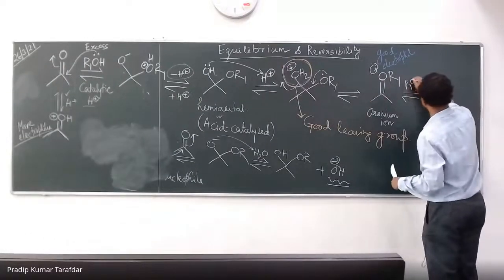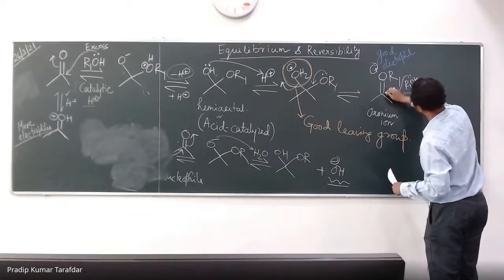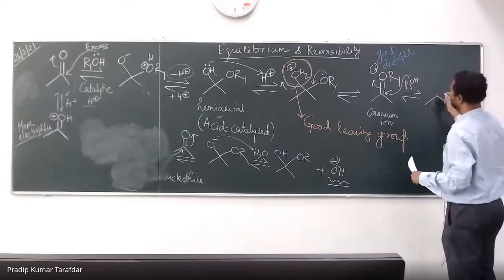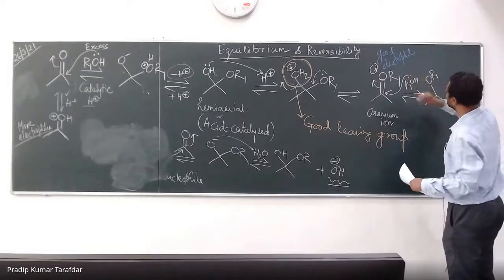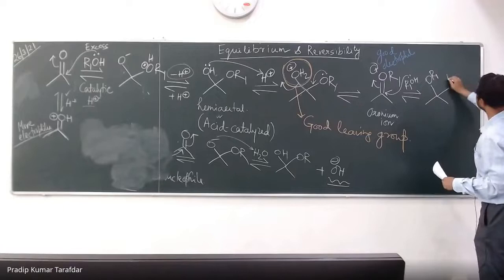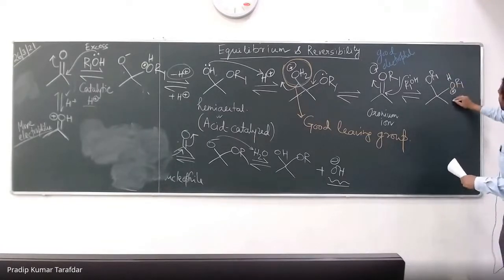So this alcohol can act as a nucleophile, and you will get OR1 and then OR1H plus. Subsequently, minus H plus will be there.